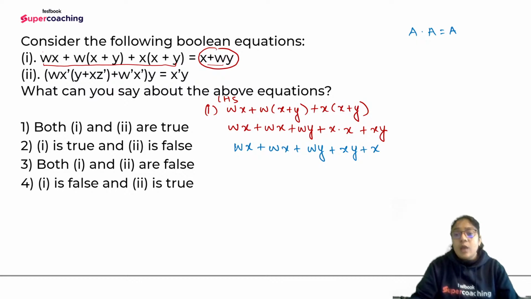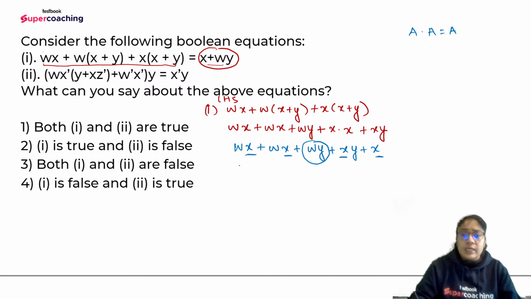Now, apart from this one term, in all the remaining terms you have x. Can I take x common? Definitely yes. So taking x common, we get w plus, from xy only y is left and x is taken common, so this is 1 plus the wy term as it is.